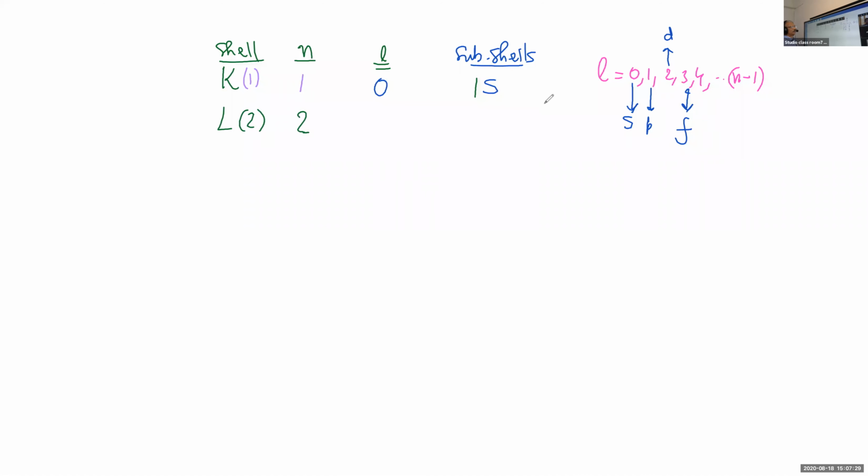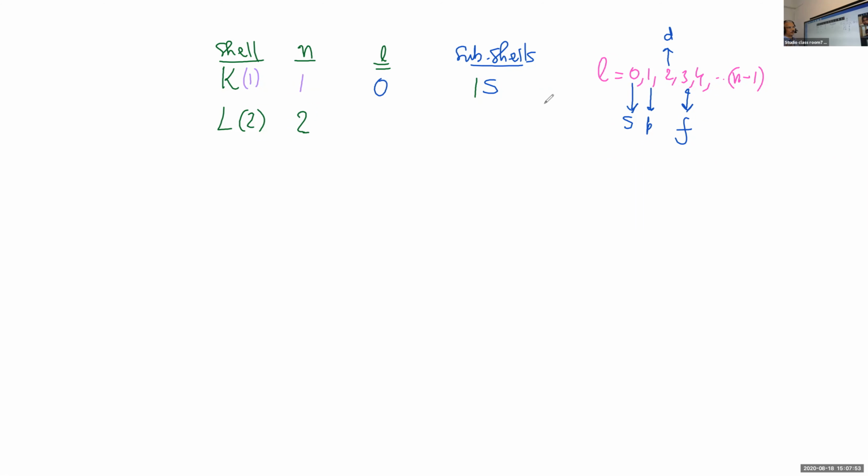You start from 0 and end with n minus 1. Here n is equal to 2. So n minus 1 is 2 minus 1, that is equal to 1. Start from 0 and end with 1.